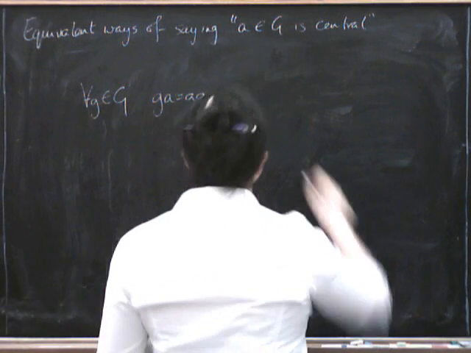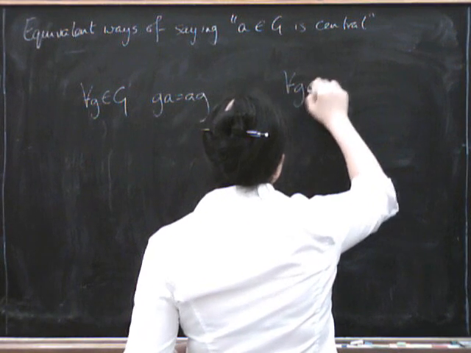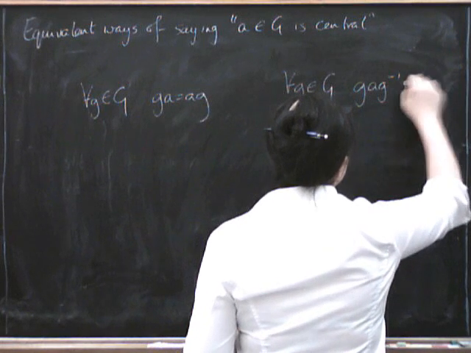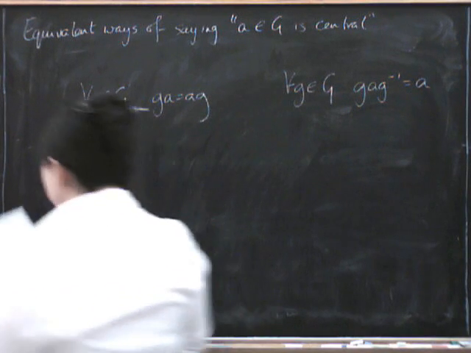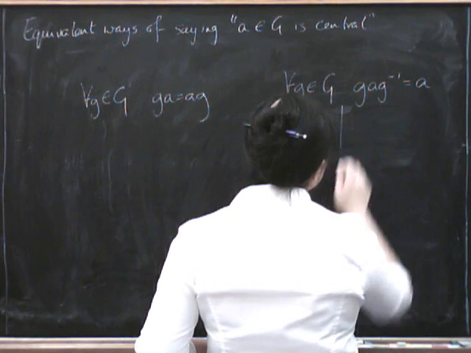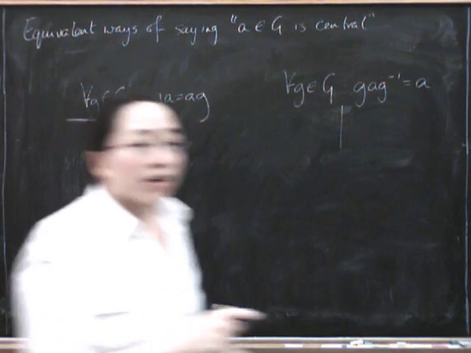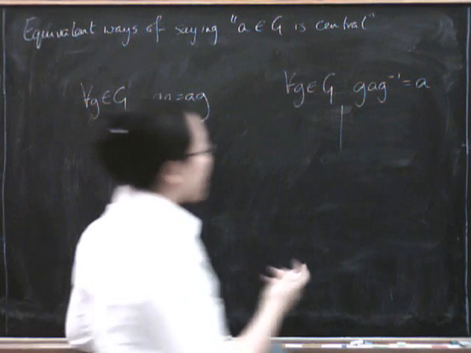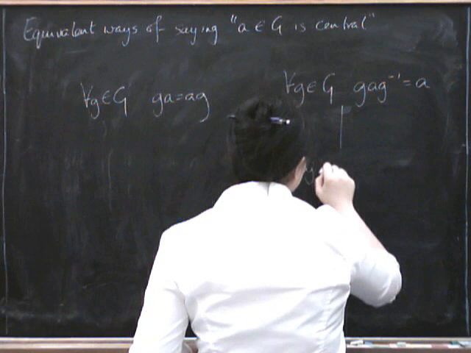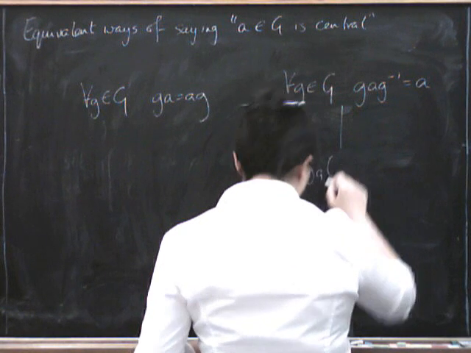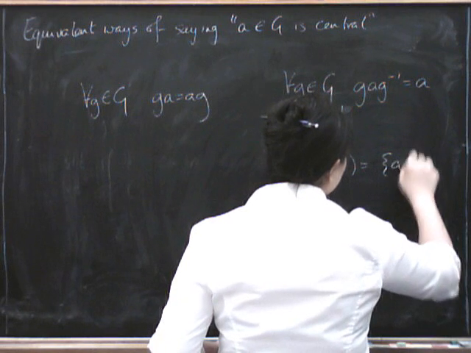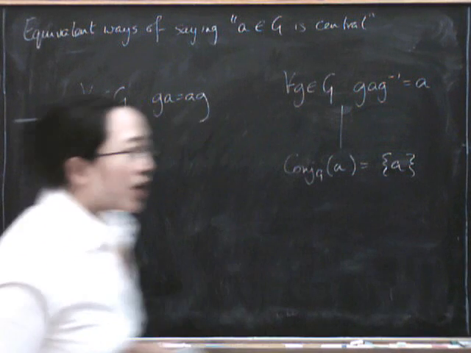But we know this is the same as saying for all g in G, conjugating doesn't get you anywhere. This is the same as saying that your conjugacy class hasn't got anything else in it apart from A. A is in a conjugacy class all by itself. So the conjugacy class of A is just a lonely A all by itself.